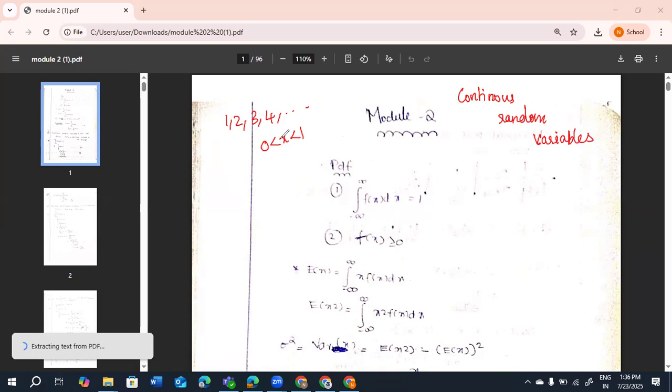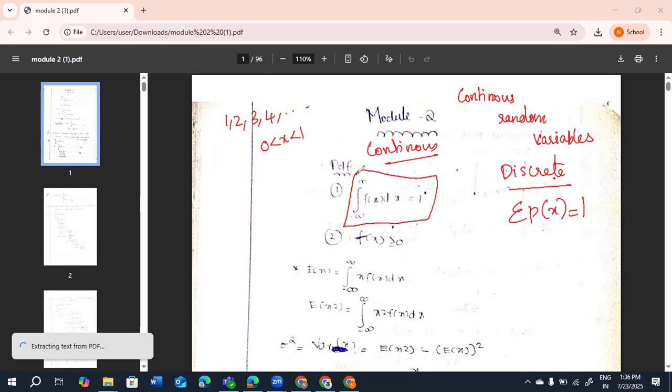The difference in this case is that in discrete, we were having summation, right? In discrete, what was the equation? Do you remember? It was sigma p of x equal to 1, isn't it? In the same way, in continuous, instead of summation, we will be having integration. That is, integral from minus infinity to infinity f of x dx is equal to 1.